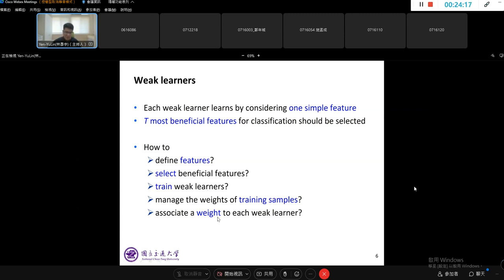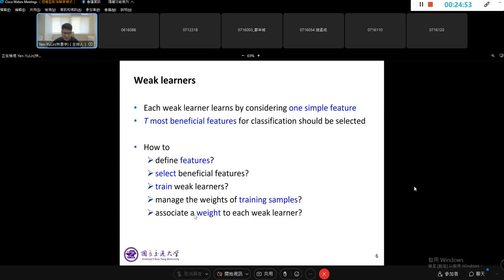There are several related questions. I'm going to show you an example of how AdaBoost works, and in this way we can answer each of these questions. Please remember that in AdaBoost there are two types of weight. The first weight is used over the training data. Each training example is associated with a weight, used to indicate the difficulty of handling this training data point.